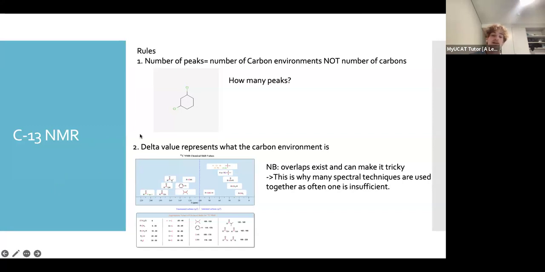The energy absorbed by TMS is well known, and the energy absorbed by other environments can be worked out using an NMR machine. Then if you take that energy of the other environments and base it relative to that of TMS, it gives you a value that you can plot on a trace like this. So it's basically a measure of how much energy that carbon environment or that proton environment is taking up relative to TMS.